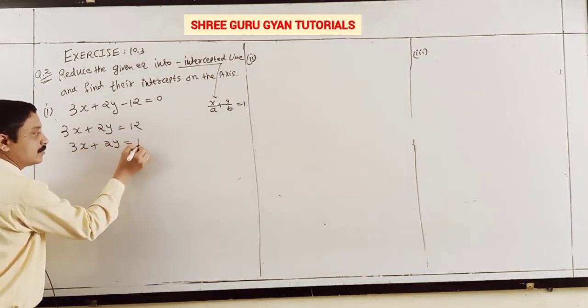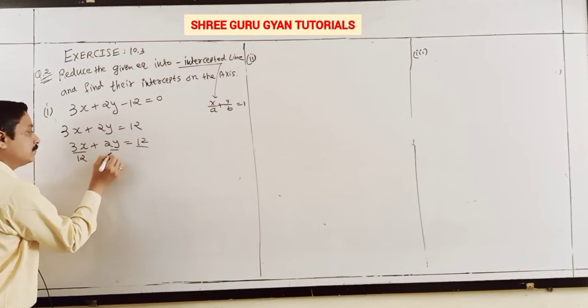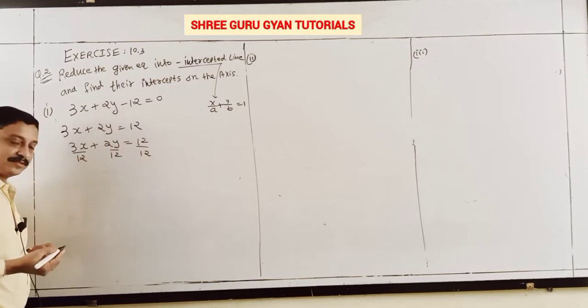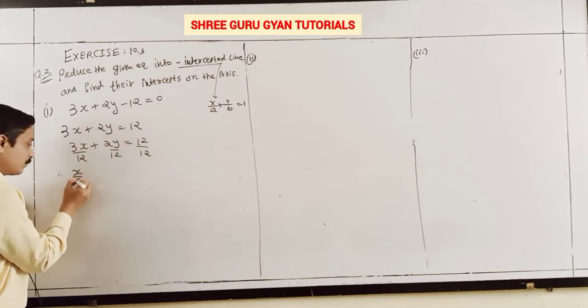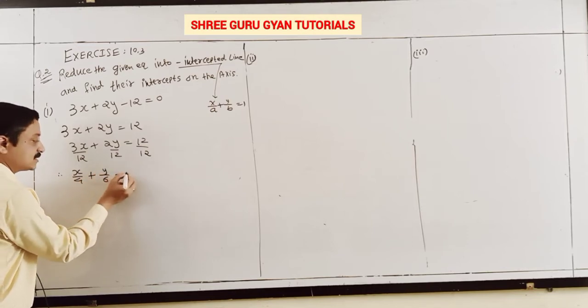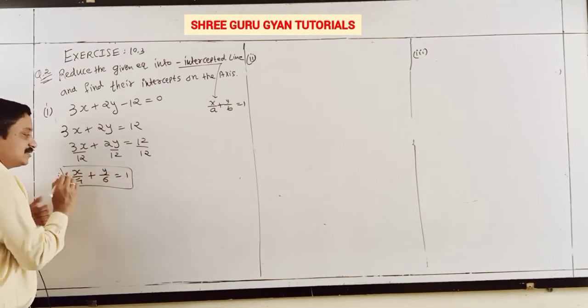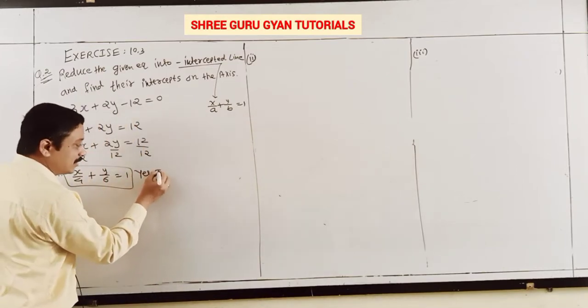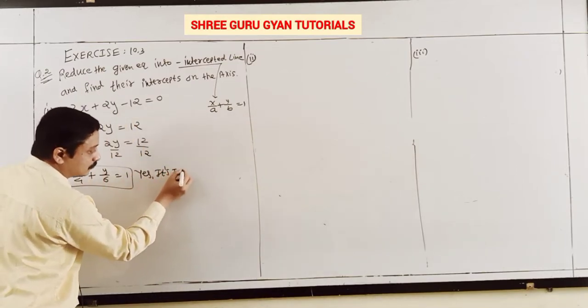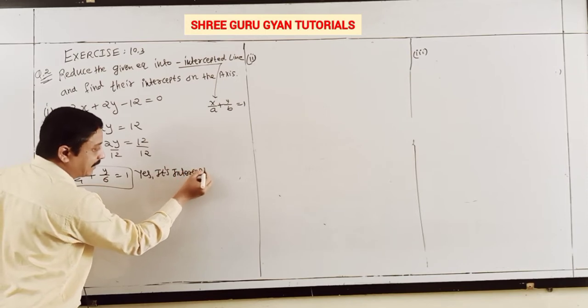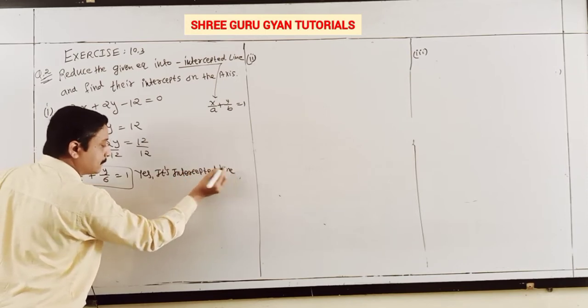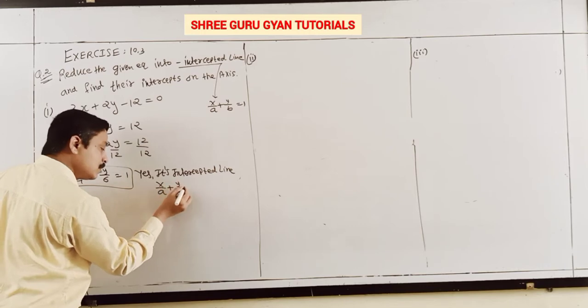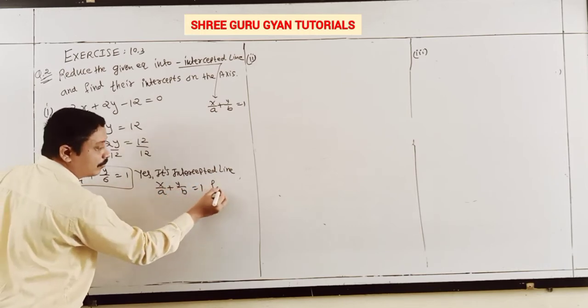Now divide each term by 12. So x by 4 plus y by 6 is equal to 1, and you compare it. It is in the form x by a plus y by b is equal to 1.